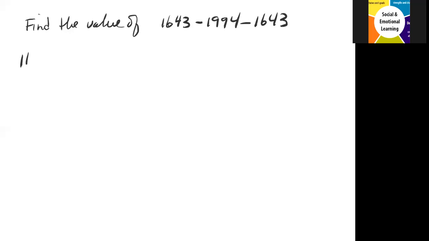So if we just take this and rewrite this, we can see right away that the two numbers that would be easiest to add together are these 1643 and minus 1643. So what we want to do is convert this to additions.